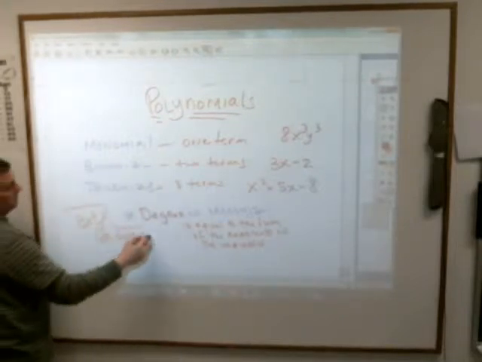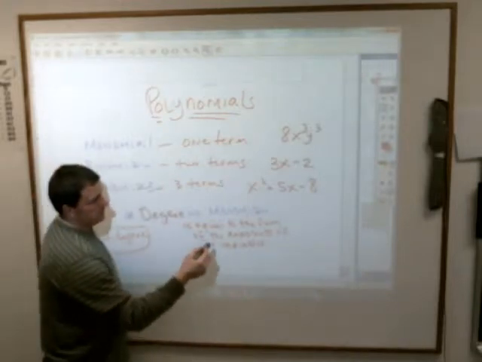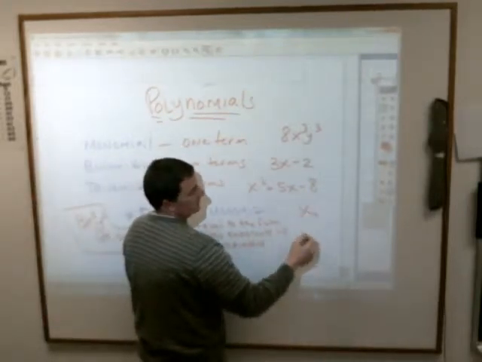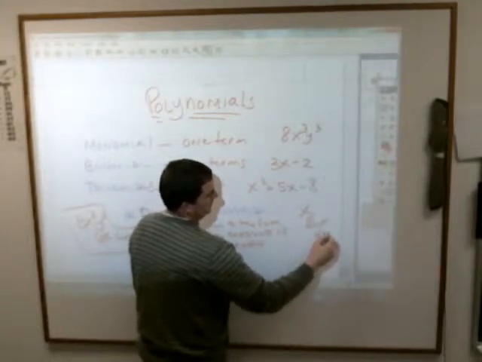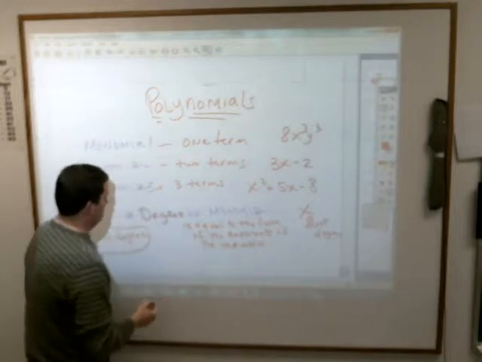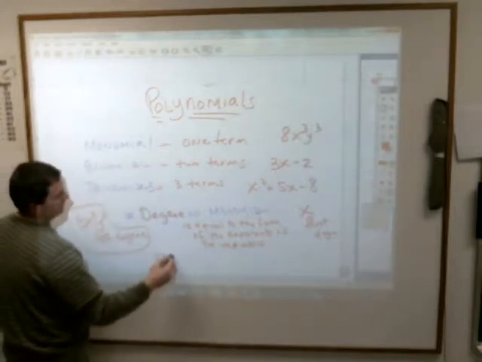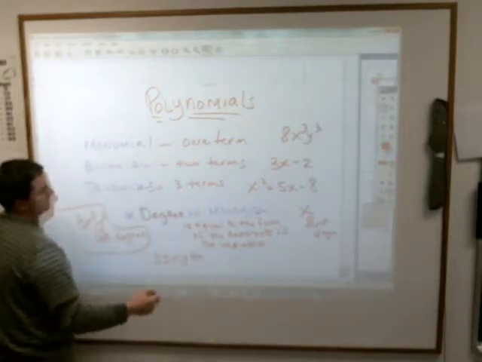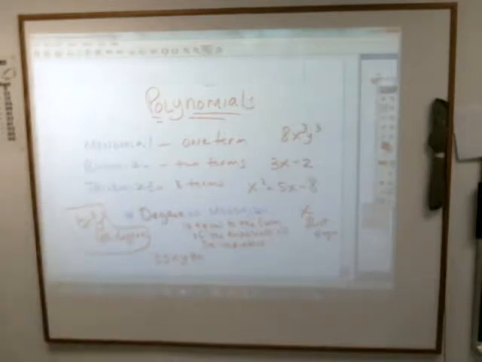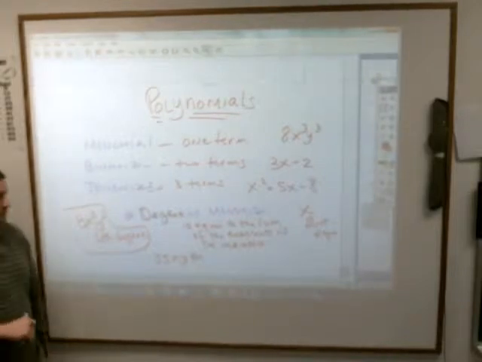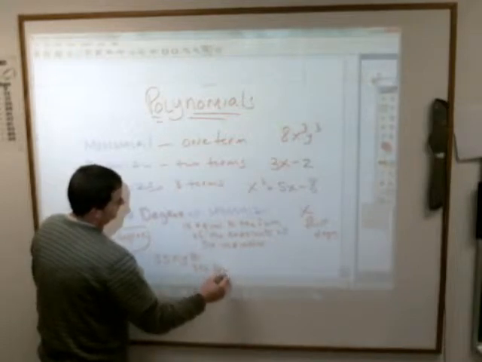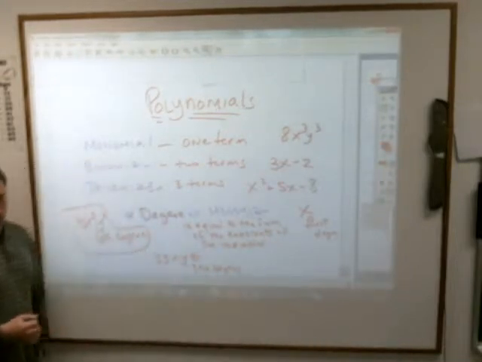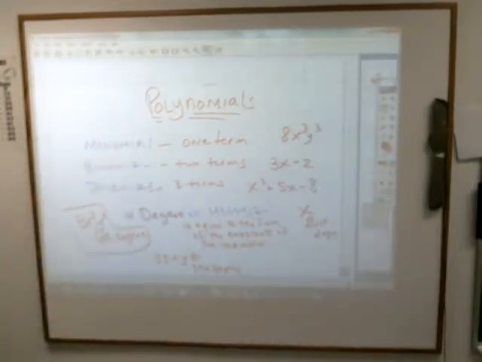If it was just an x by itself, understood 1, this is the 1st degree. If you had 35xyz, what degree is that monomial? Jeremy? 3rd degree. It is a 3rd degree, like a 3rd degree black belt, if you will.